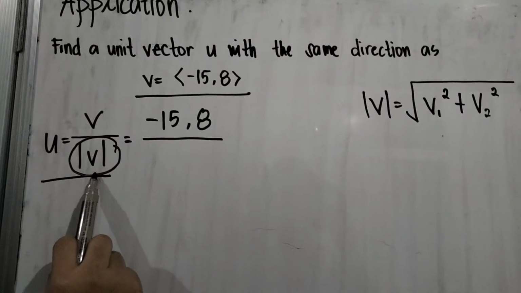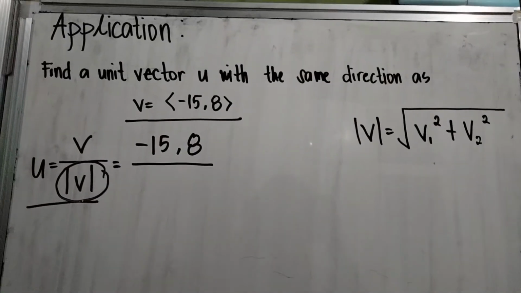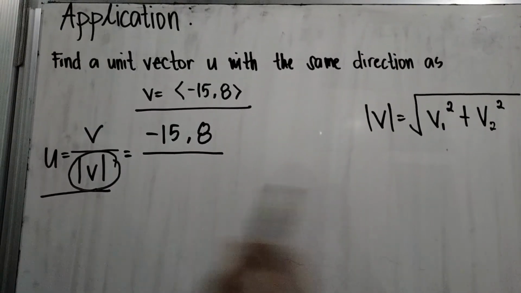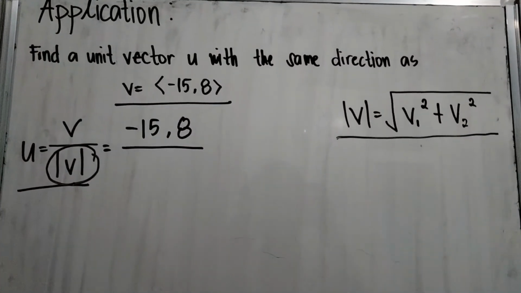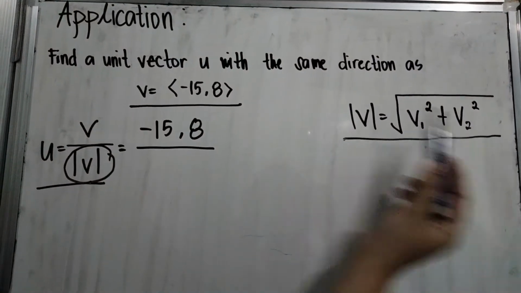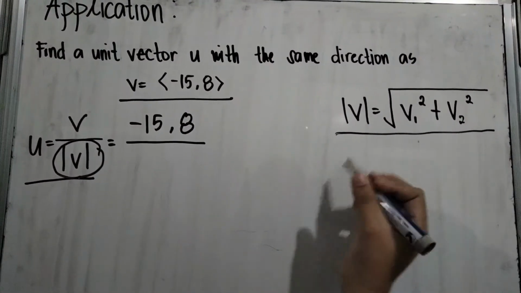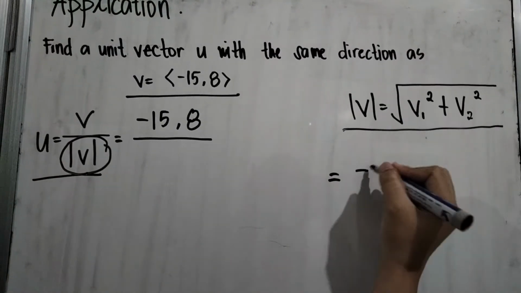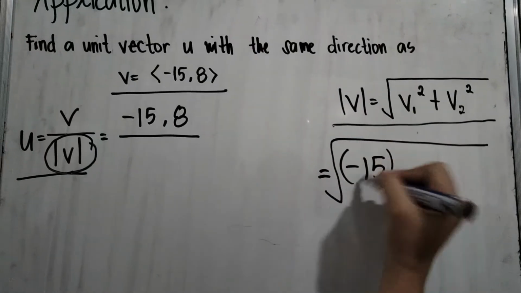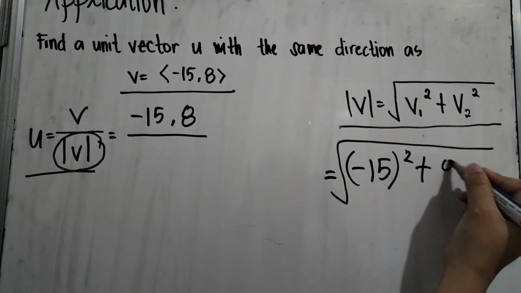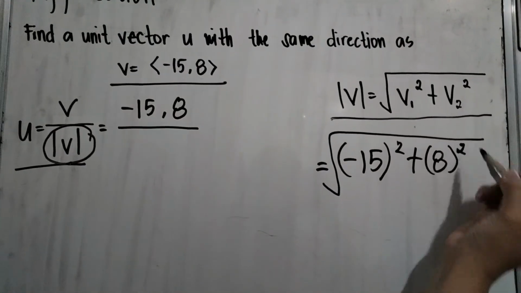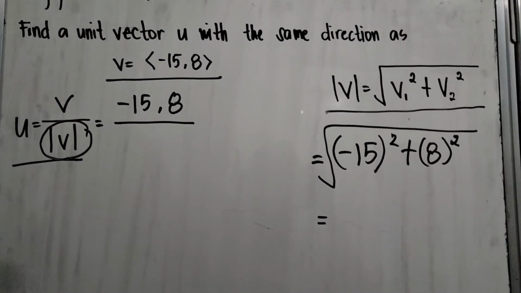Kailangan natin hanapin yung value ng magnitude. So, para makuha yung value nito, ito yung formula para sa magnitude. So, V1 is negative 15 and V2 is 8. So, solve natin. Negative 15 squared plus 8 squared.